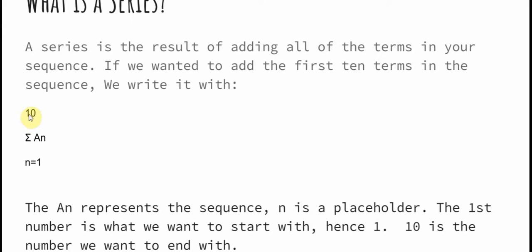We have the 10 for the number we want to end with. This A and this N as the sequence. We're identifying the sequence. N is just a placeholder. And N equals 1, so it's saying the number we want to start with is the first term in the sequence. So yeah.